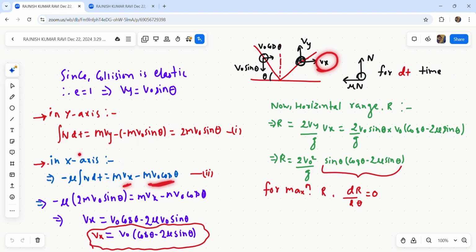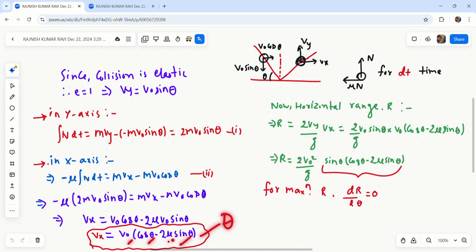If we substitute the value of N dt from the first equation into the second equation, we have minus mu naught times 2 m v0 sin theta equals m vx minus m v0 cos theta. From here we can calculate the value of vx in terms of cos theta and sin theta, mu and v0. So the only variable here is theta.